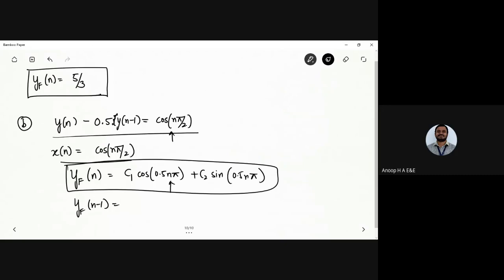Next, yf of n minus 1. In place of n, I write n minus 1: c1 cos of 0.5 pi (n minus 1) plus c2 sin 0.5 pi (n minus 1).